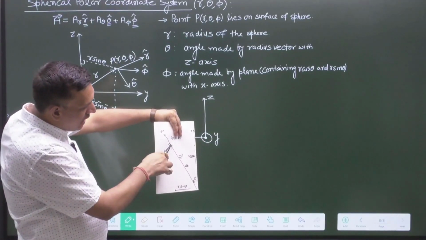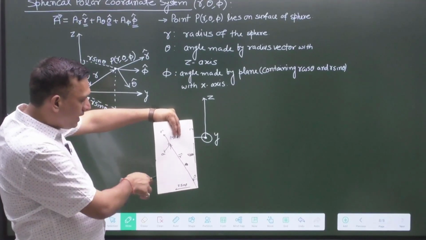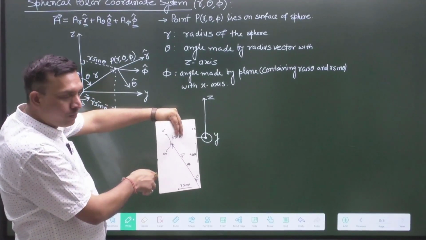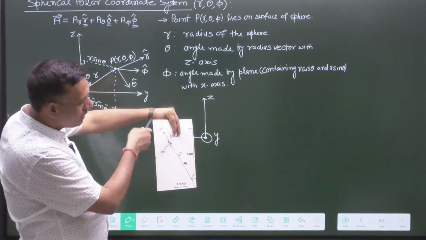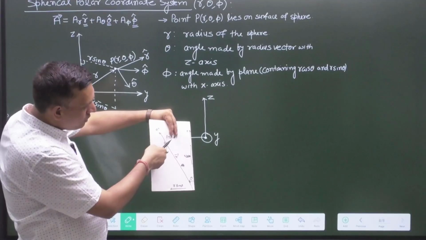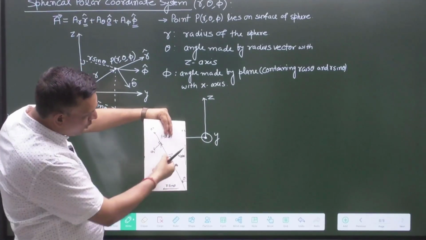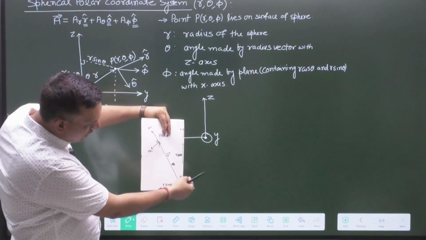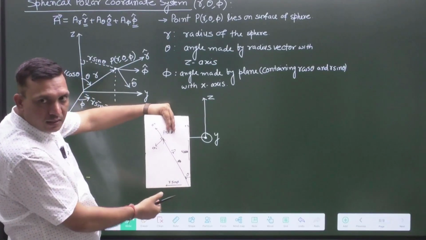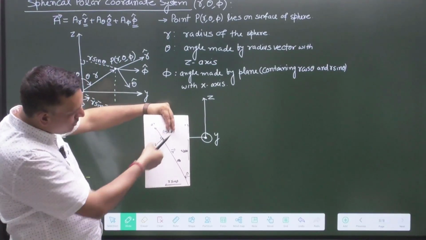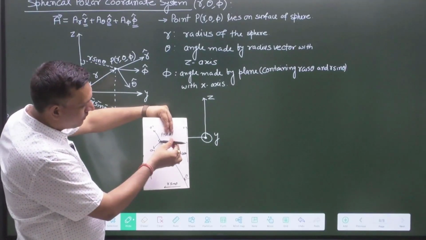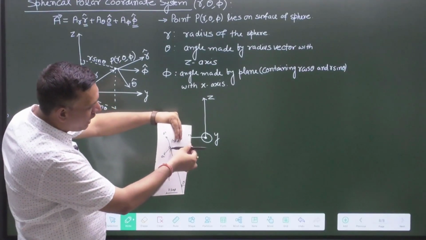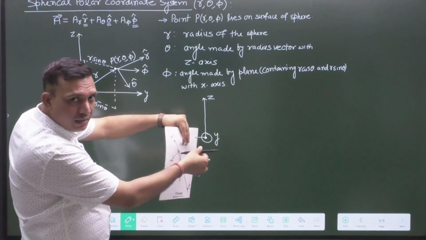So this is r, this is theta, and this angle is phi. Now what will be r cap? The increasing direction of r. Theta cap is perpendicular to r cap, because if P moves in theta cap, theta is increasing. So this direction is positive theta cap. Now what will be phi cap? Phi cap is this direction, because if the plane moves in phi cap direction, phi is increasing.